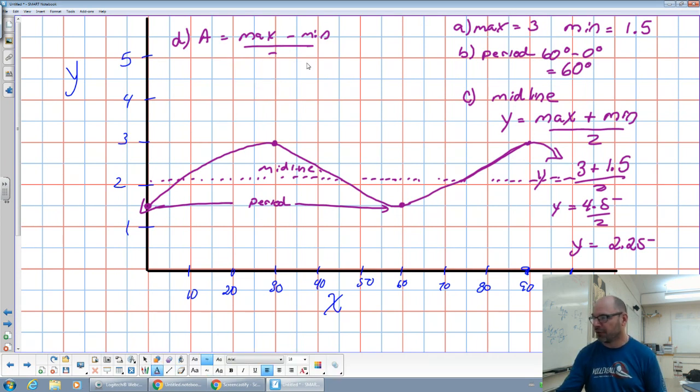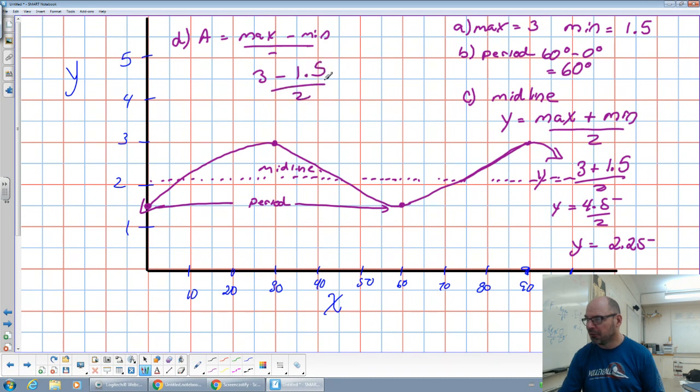The max was only 3, right? 3 minus 1.5 divided by 2. So this is equal to 1.5 divided by 2. So the amplitude then equals 0.75. So 0.75 from there to there, and 0.75 from there to there.